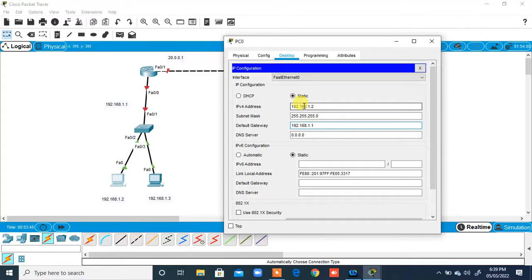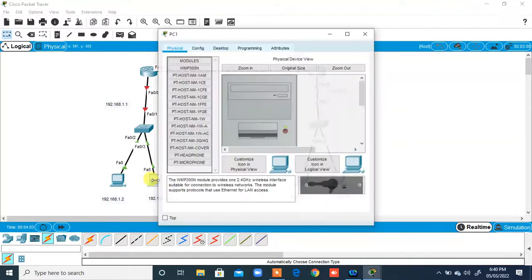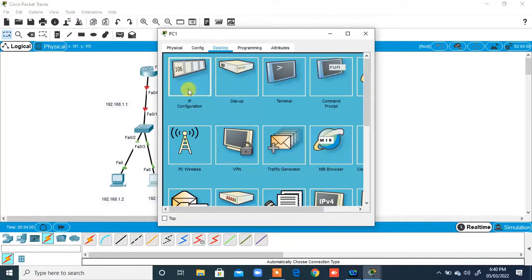That will act as a gateway, because we are going to do the communication between two different networks. As you guys know, we need to have one gateway which will route the traffic to the other network, right? Let me do this for this device also.